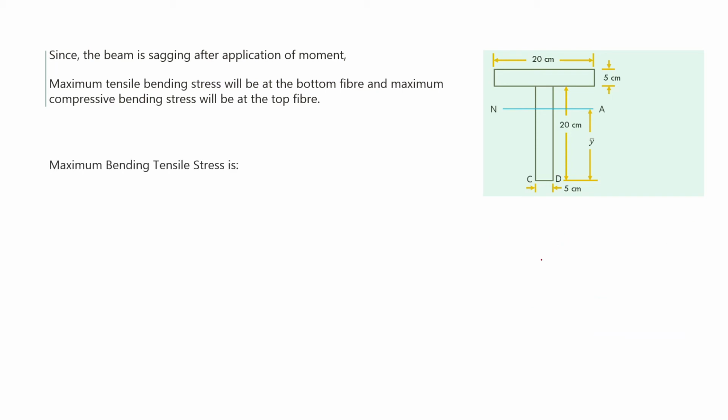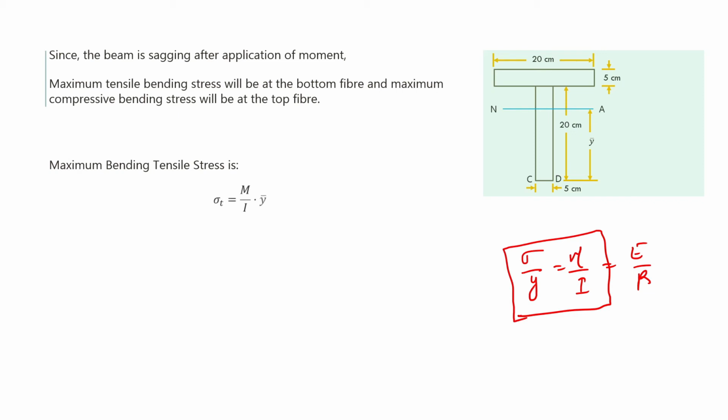Now we know as per the simple bending equation that sigma upon y equal to M upon I equal to E by R. So from here we can say that sigma equal to M upon I dot y. So the maximum bending tensile stress sigma T will be equal to M upon I dot y. Now y is the distance of the extreme fiber CD from the neutral axis, that is y bar.